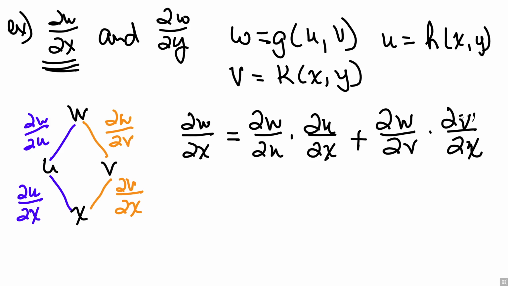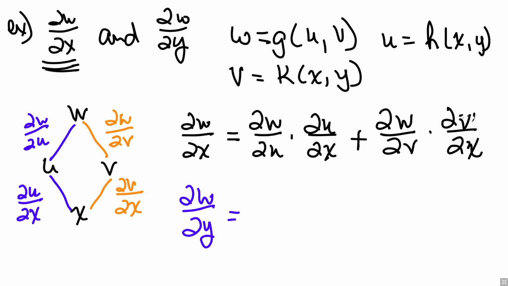Now, without doing the tree diagram, we can write what the partial of w in respect to y would be. It's going to start off the exact same way. So this top portion is still going to be the same. It's just the bottom part that is going to change because this x is going to change to y.